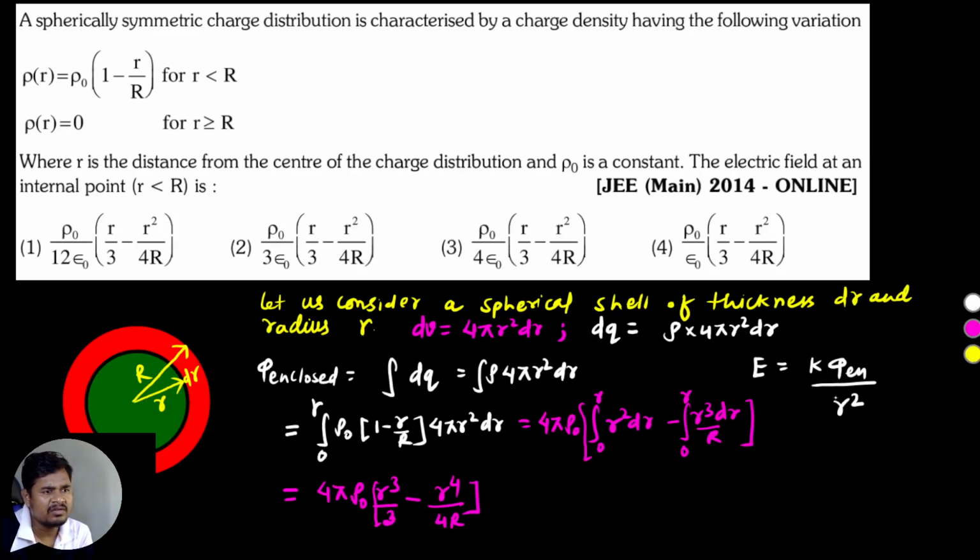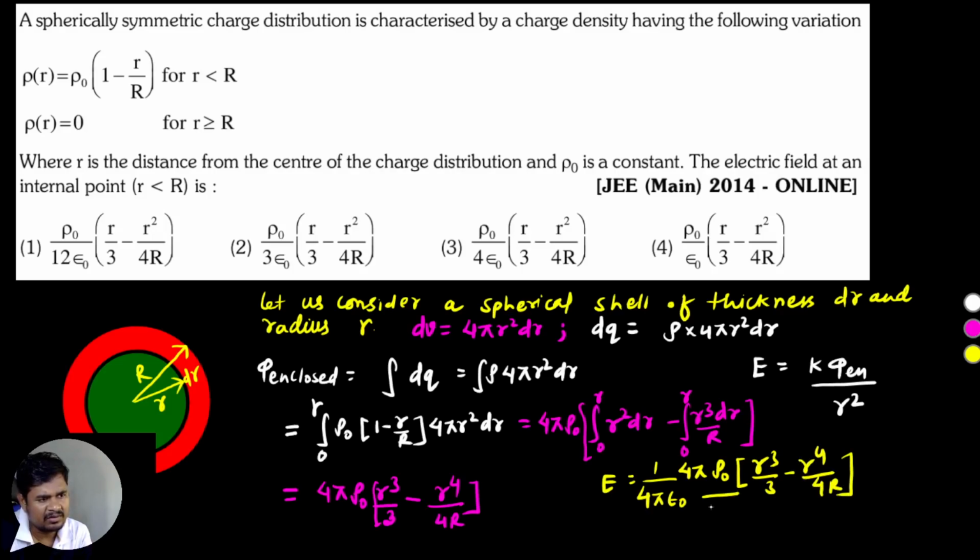Now we need to substitute the value of q enclosed to get the value of E. So E I will write as K, which can be written as 1 upon 4 pi epsilon naught, and then q enclosed I will substitute here as 4 pi rho naught times (r cube by 3 minus r to the power 4 by 4R), divided by r square.